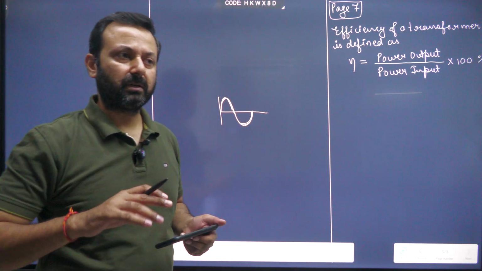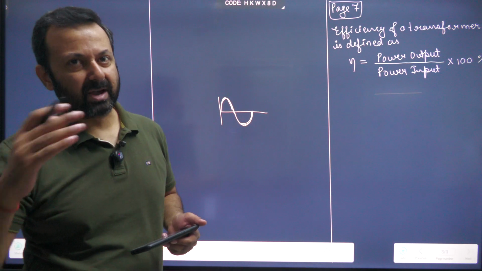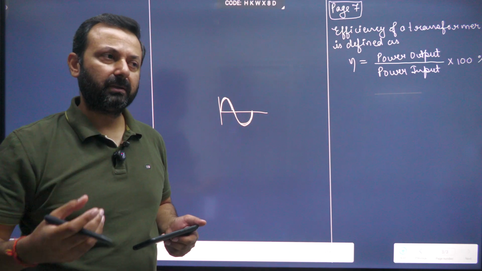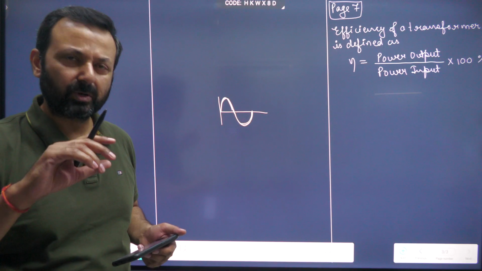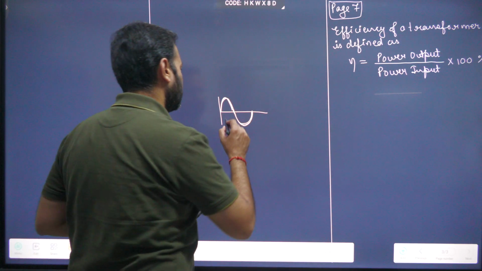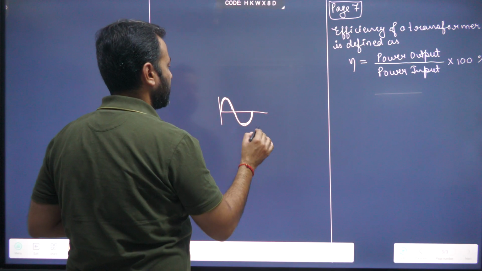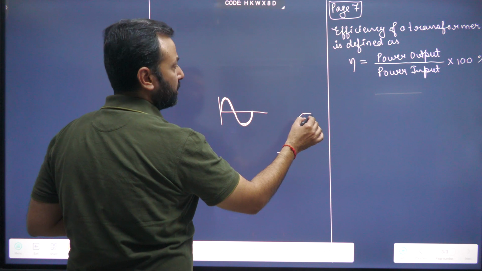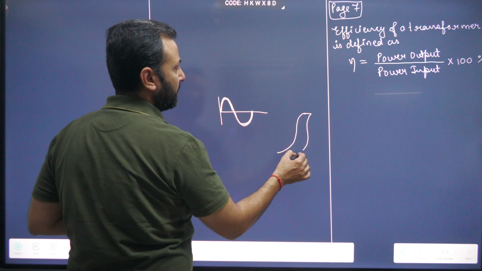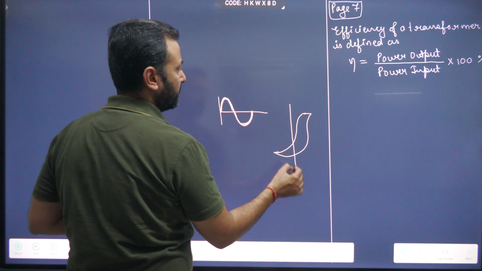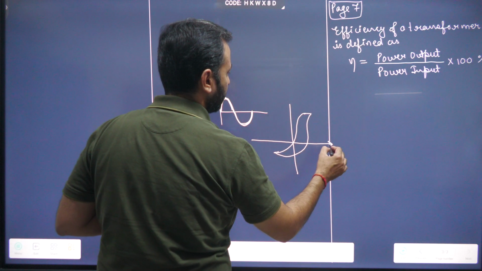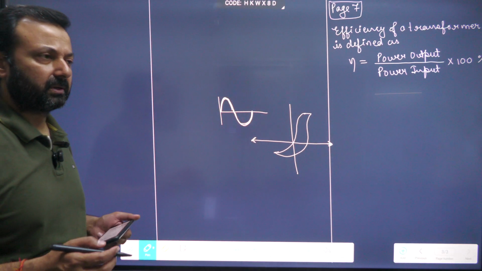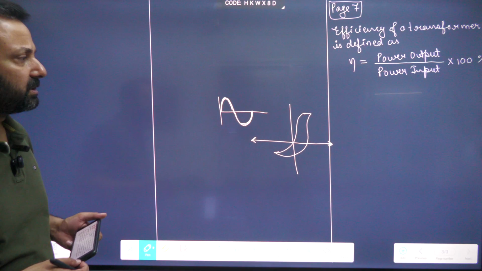Because of these alternate cycles of magnetization and demagnetization, a loop is formed. If we draw a graph between current and magnetization, then such a graph is formed. We did this in chapter number 5, hysteresis.